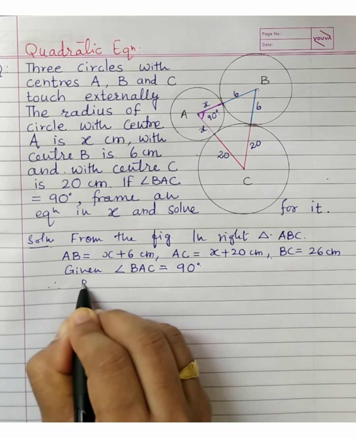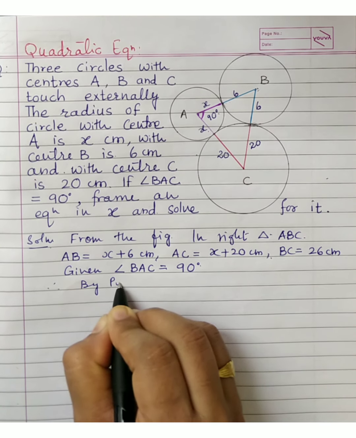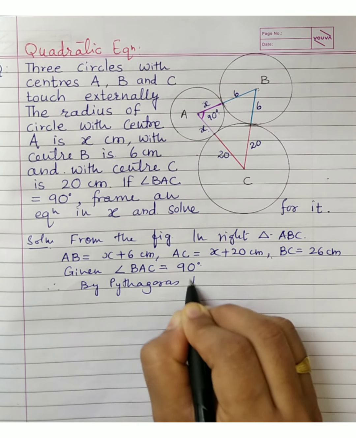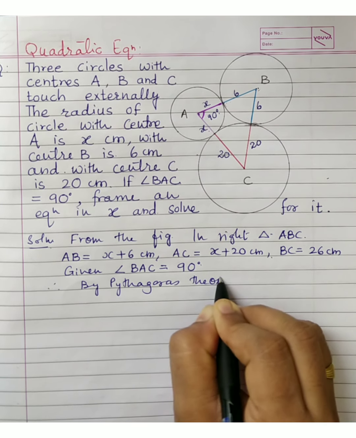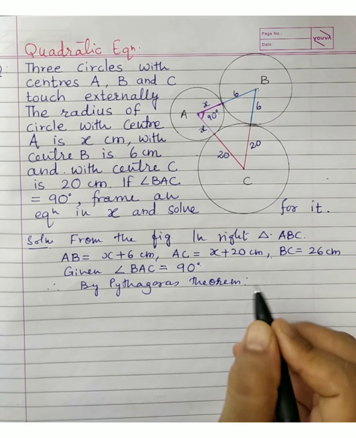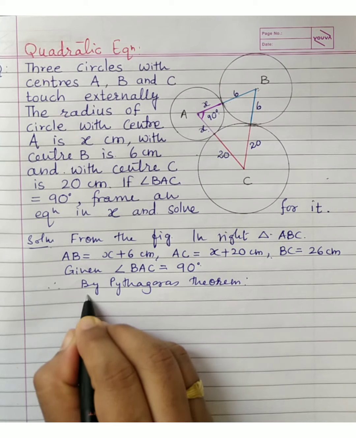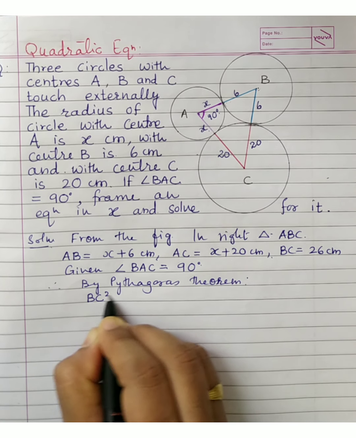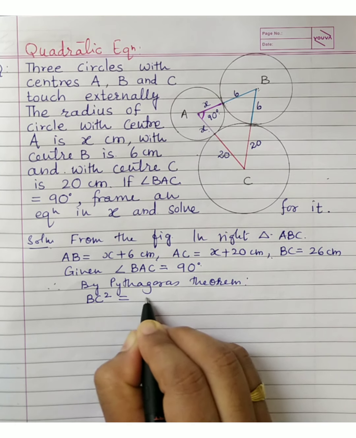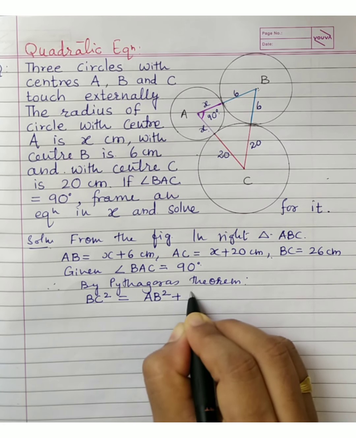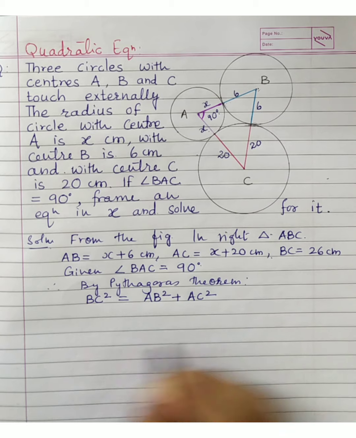Therefore, by Pythagoras theorem, what is the Pythagoras theorem? It connects the sides of the right angle triangle. Hypotenuse square. What is the hypotenuse in the figure here? BC. BC square is equal to AB square plus AC square.